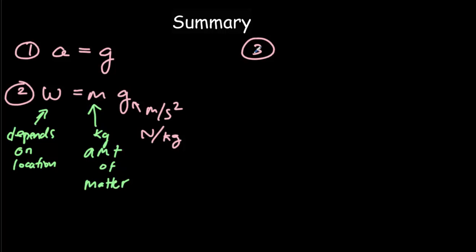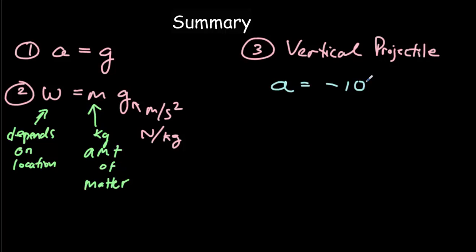And the third thing was really writing down these equations for a vertical projectile. The acceleration was kind of trivial. If we take g equal to 10, then the acceleration would simply be -10 all the time. The velocity will be given by the initial velocity, but then you've got to subtract off 10 every second.